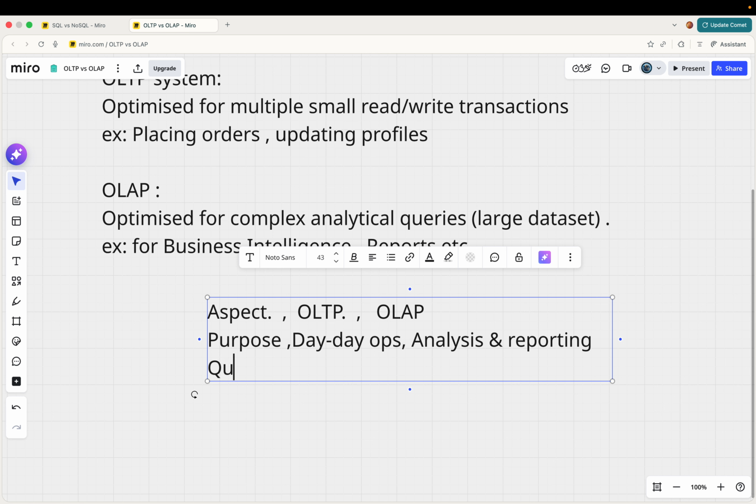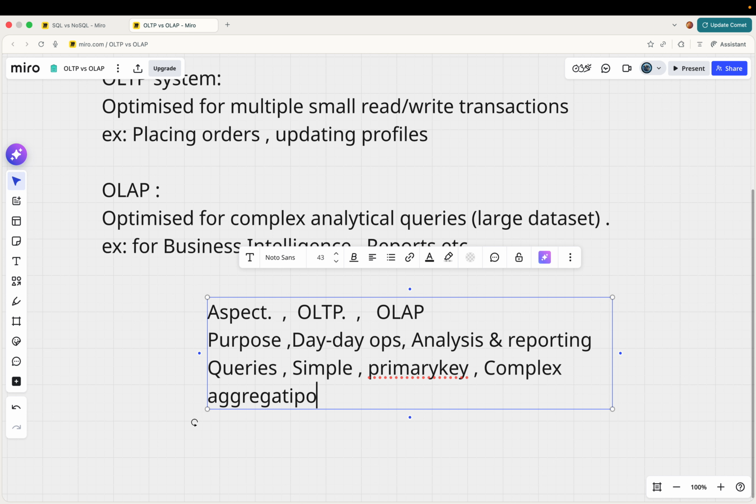And how will the queries look? In OLTP, the select queries will generally be very simple, and we'll query by the primary key or something. But for OLAP, they have many complex aggregations.